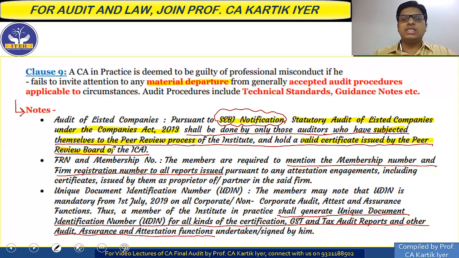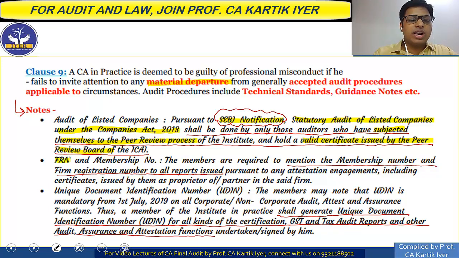So basically SEBI is just saying that the firms that have completed their peer review process properly, only those firms can do the audit of listed entities. So a very good one, because only then we can ensure that the compliance or the levels of work that is expected from the CA firm is at a very good level. Okay, because the peer review would have happened in relation to this CA firm.